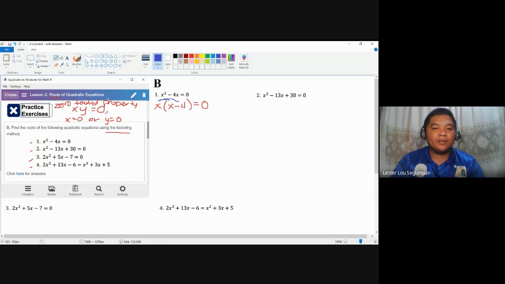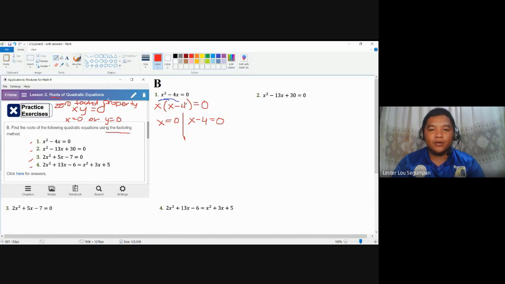Using the zero factor property, this could only be 0 if the first factor, which is x, is equal to 0, or the second factor is equal to 0. Again, as I mentioned, xy is equal to 0 when x is equal to 0 or y is equal to 0 or both.